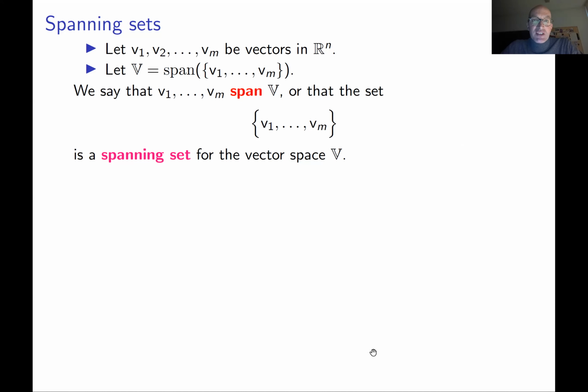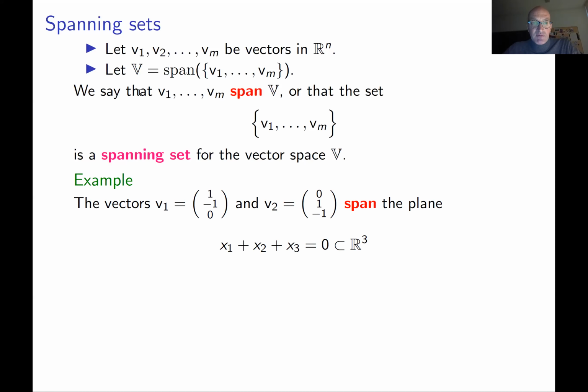So in this definition, a spanning set basically spans V, but in some problems, you actually have to check it. So if you're given a linear subspace with some fixed subset of vectors in it, sometimes you're going to be asked to check that these vectors span this vector subspace.